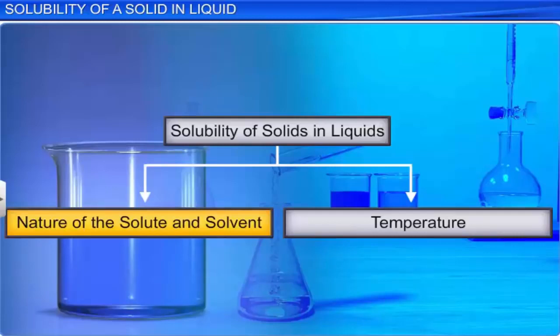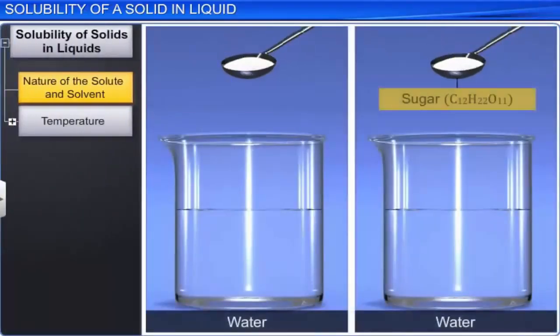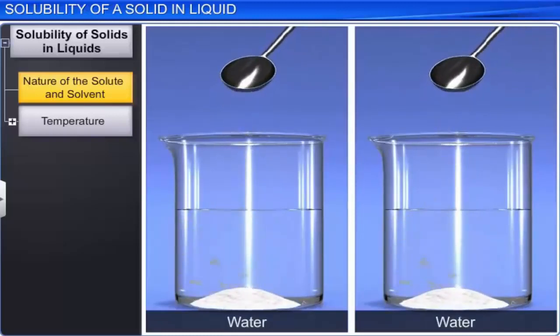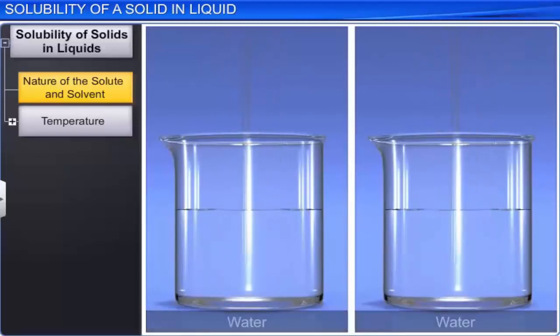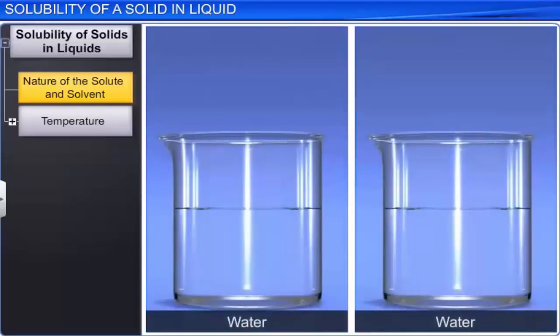It is observed that while sodium chloride and sugar dissolve readily in water, naphthalene and anthracene do not.